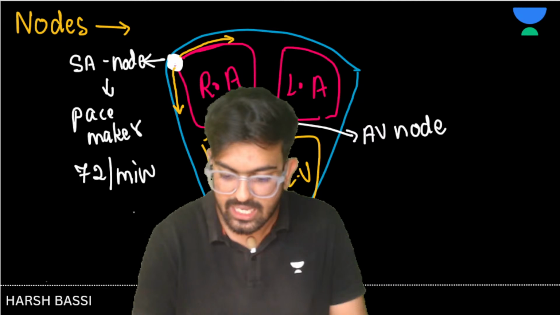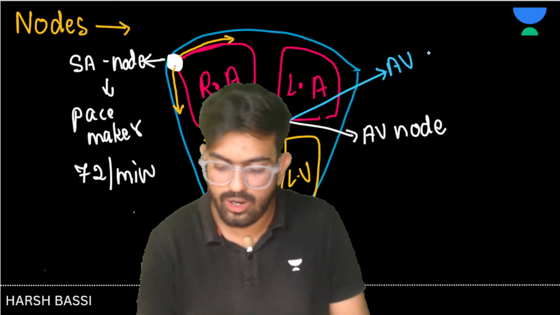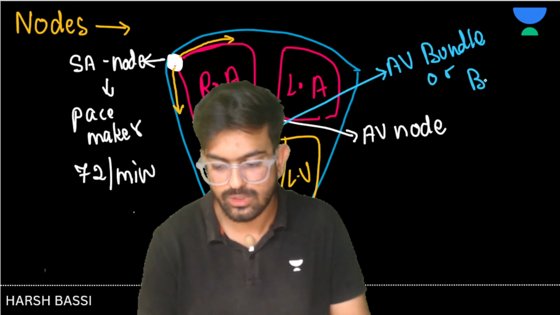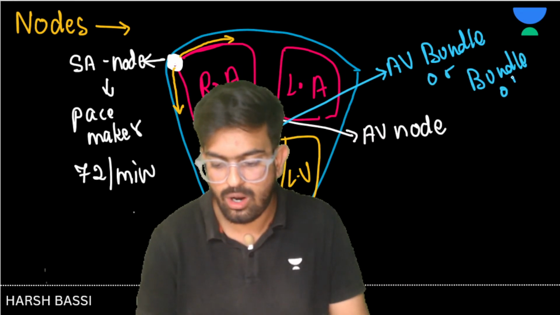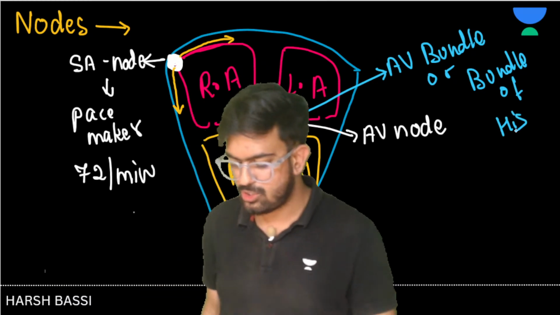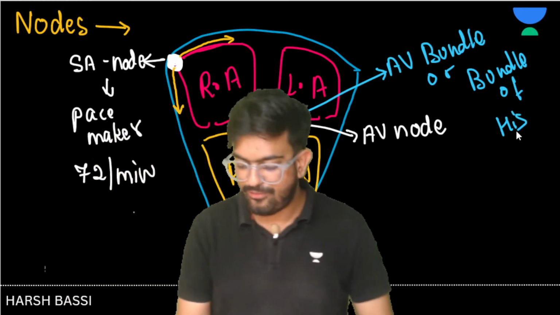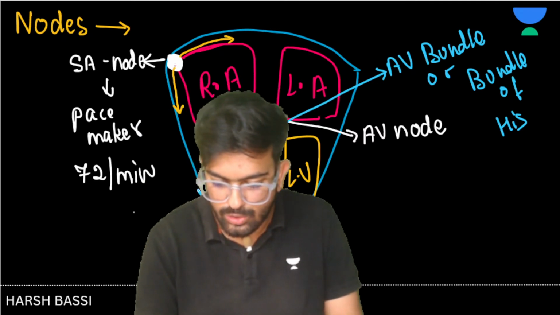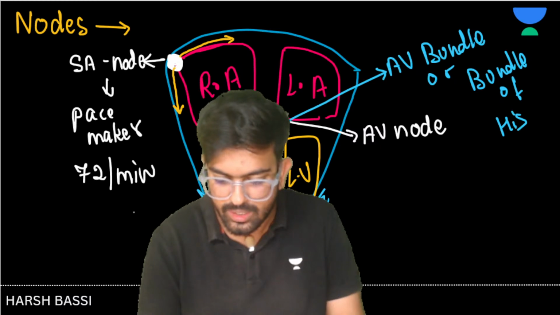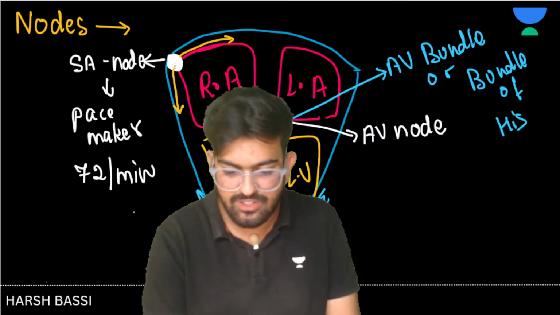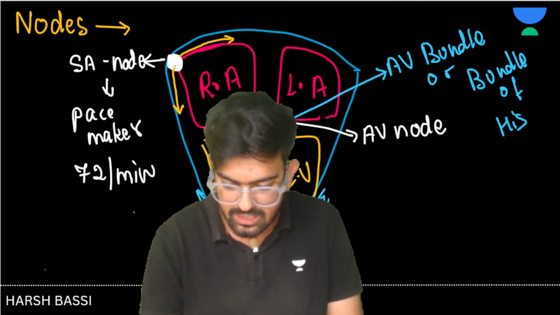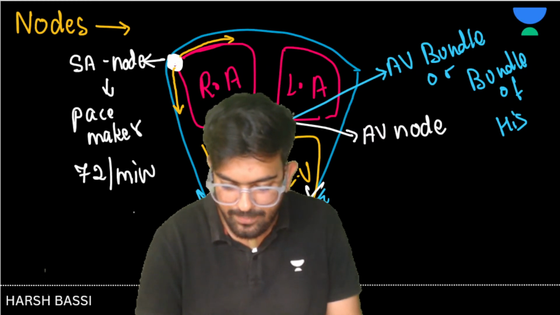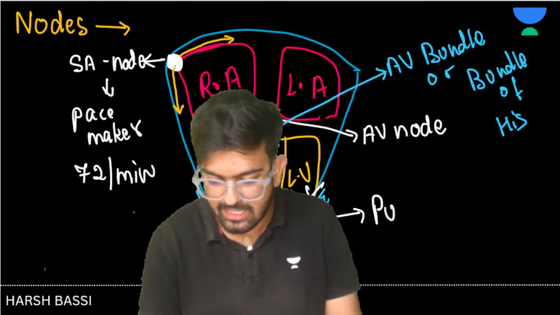This is known as the AV bundle or bundle of His. Clear? Chalo. Yes or no? And from here what will happen? It will go to the Purkinje fibers. Okay. Purkinje fibers. Clear to everyone?